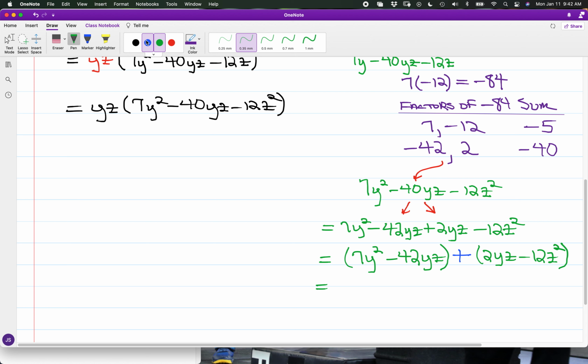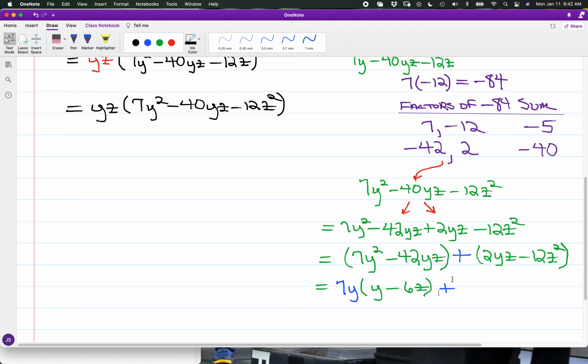Taking the greatest common factor of the first two terms, you have 7 and y. Into the first pair, 7y into 7y squared minus 42yz is y minus 6z. And bringing down the plus.